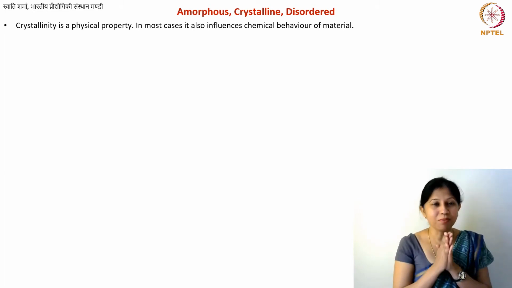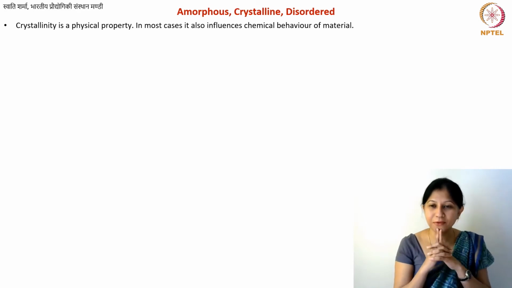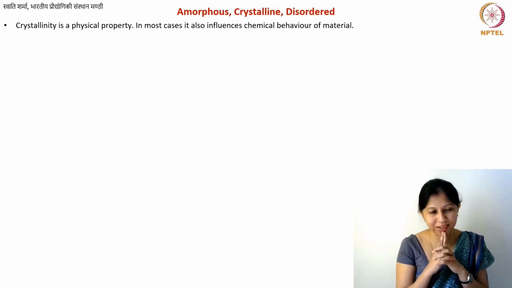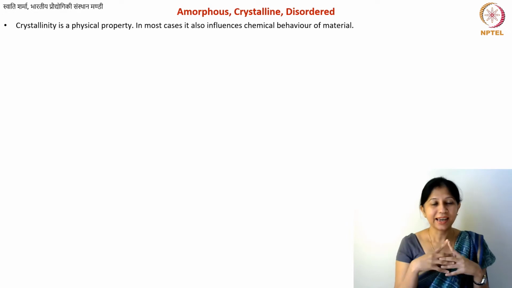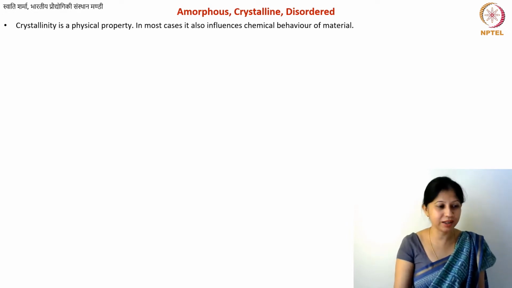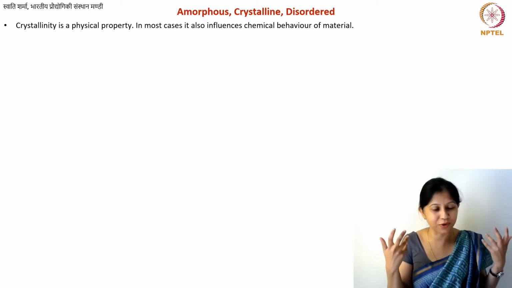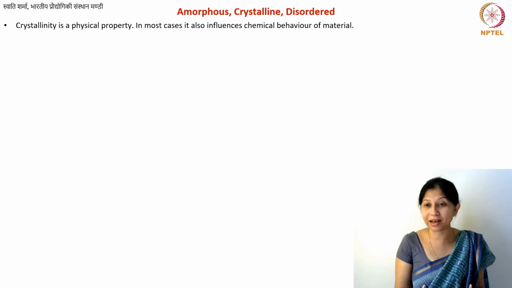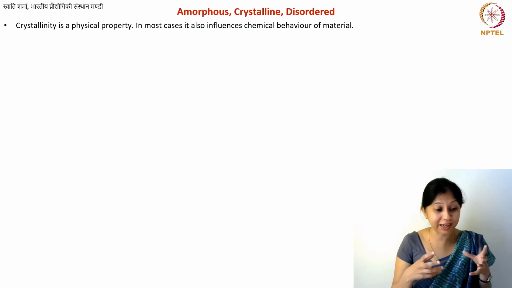Okay, so is crystallinity first of all a physical property? Yes and no. It is a physical property because it determines a lot of properties of the material, the physico-chemical properties, but as such it is an arrangement. So you can say this is a physical arrangement of atoms, but that physical arrangement is sort of defined by the chemical properties of the material, by the attractive forces that the atoms have with each other, by the nature of bonding.